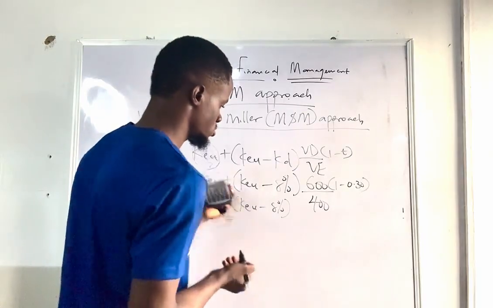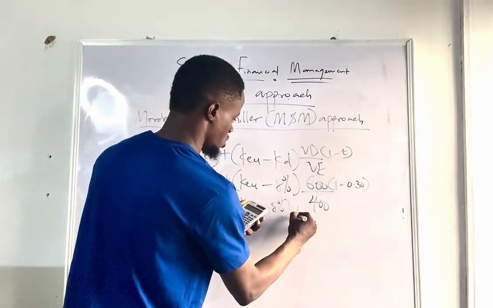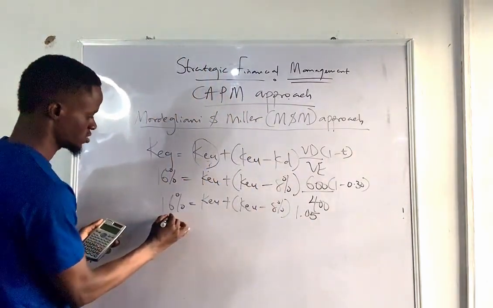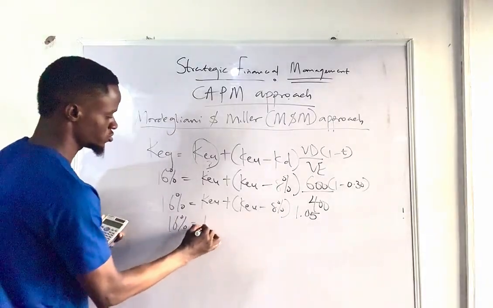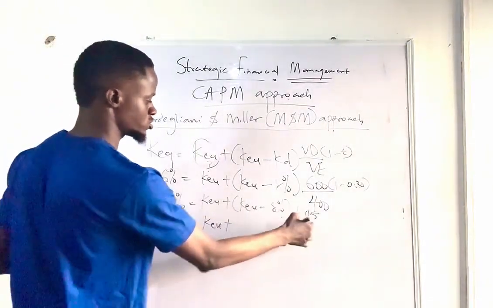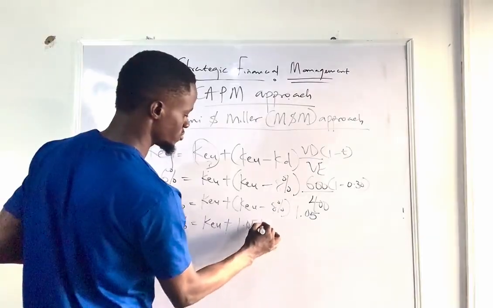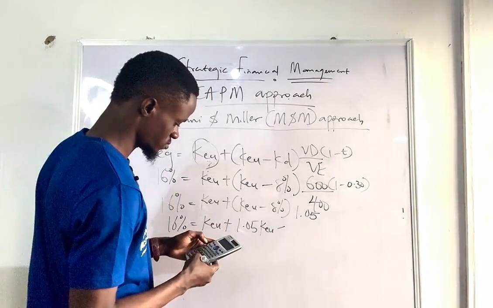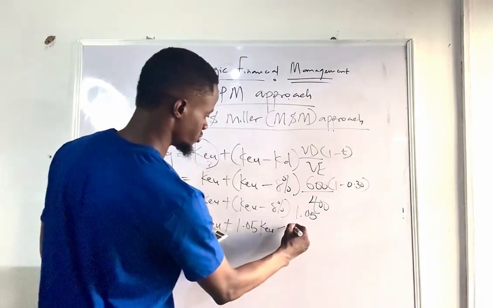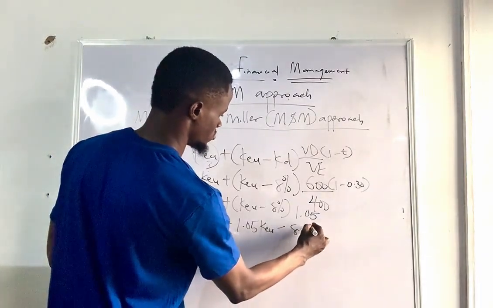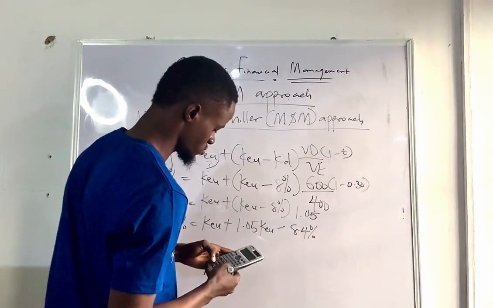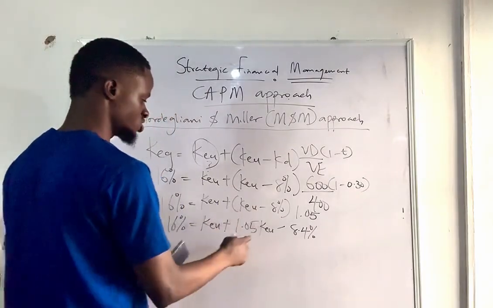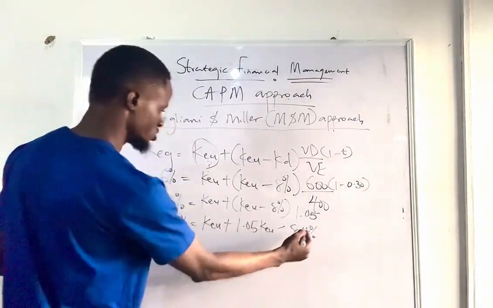Everything here is 1.05. So let's open the bracket. 16% is equal to Q plus 1.05Q minus 1.05 times 8, which is 8.4%. Right? So let's collect like terms. This is now mathematics, right? So let this one come here.